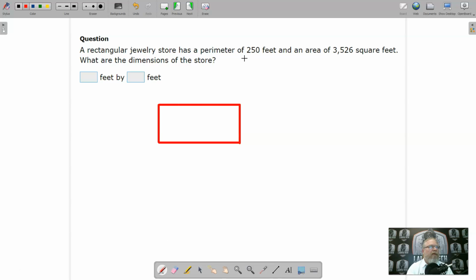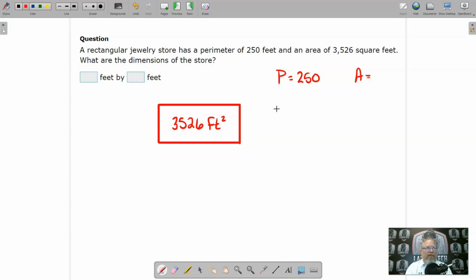We know that the perimeter equals 250, and we also know that the area is equal to 3526, and this is feet squared. Okay, so what do we know about perimeter?